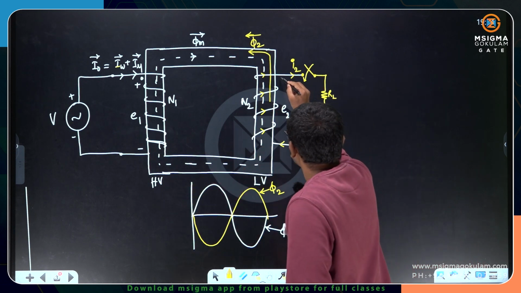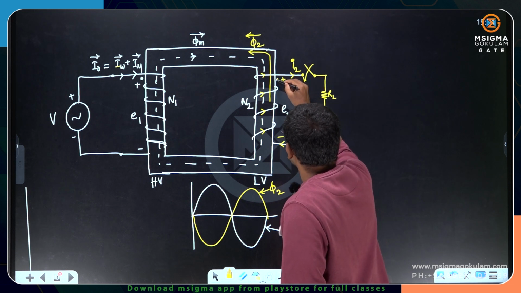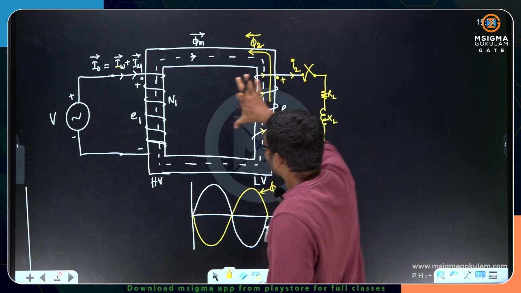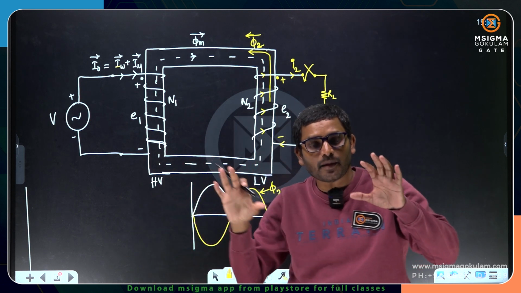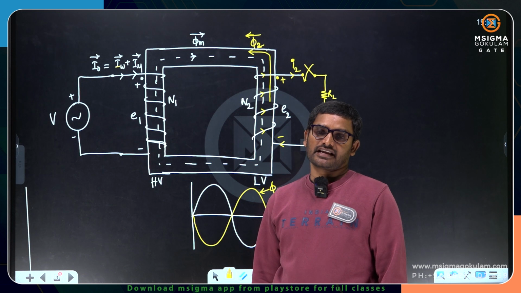Therefore the current leaving terminal will be positive and the entering terminal will be negative, and this is the dotted terminal. You see, the polarity of induced EMF E2 and E1 is the same as V. They are opposing the sources to satisfy Lenz's law.